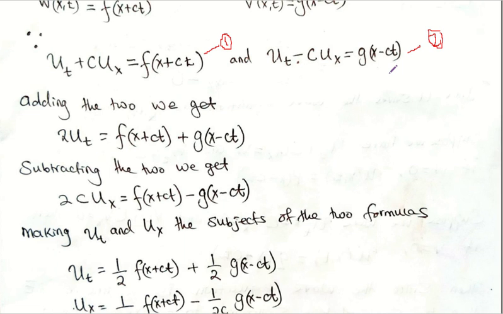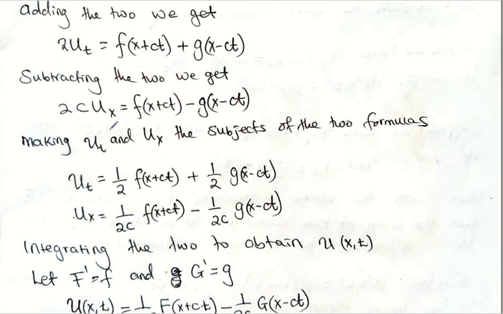If you add equation 1 and equation 2, you'll obtain 2ut to be equal to f of x plus ct plus g of x minus ct. And if we subtract the two, equation 1 minus 2, you get 2cux to be equal to f of x plus ct minus g of x minus ct.